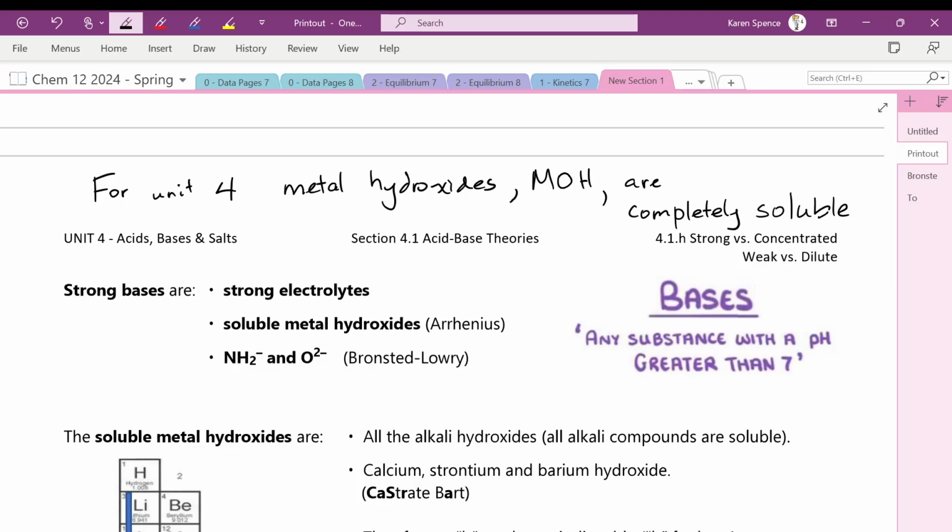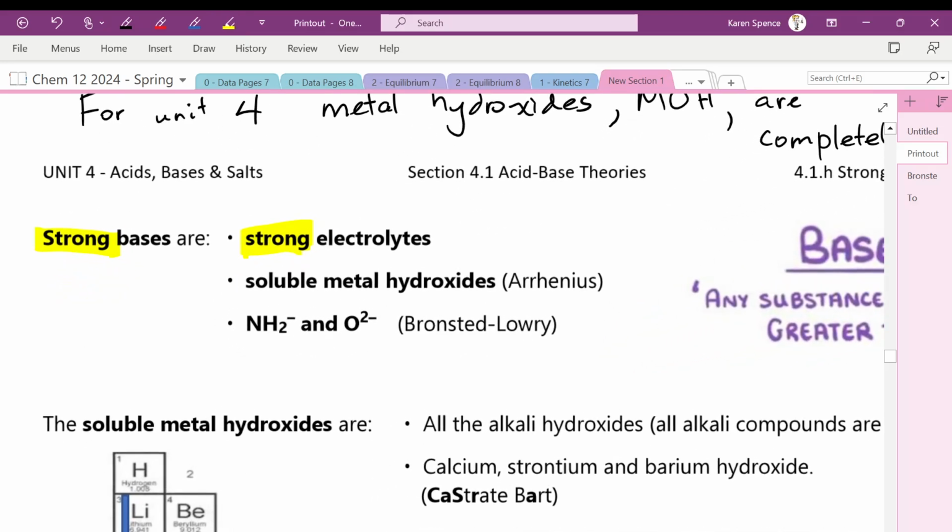So the moral of the story is all you really need to know at this point is that strong bases are strong electrolytes. And you should know that the only two strong Bronsted-Lowry bases are NH2⁻ and O²⁻. How would you recognize those?